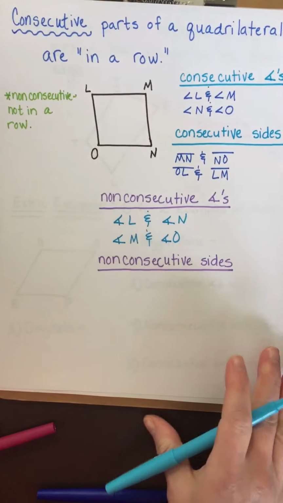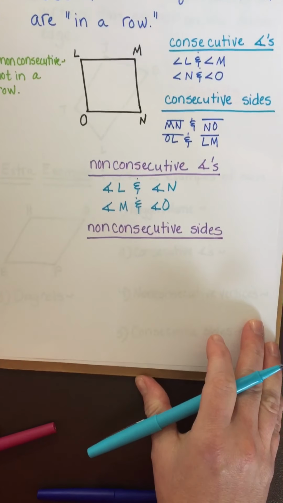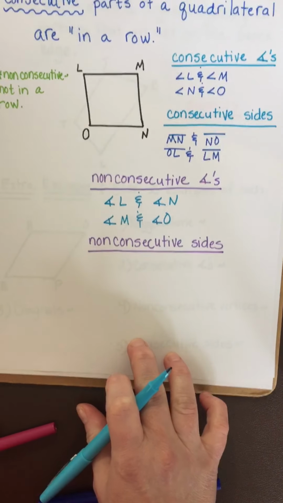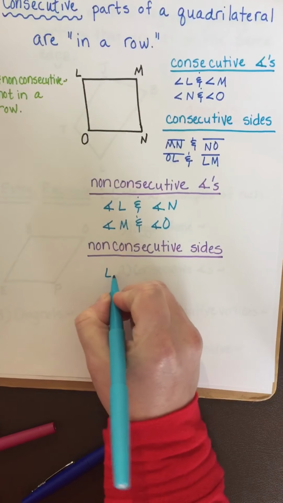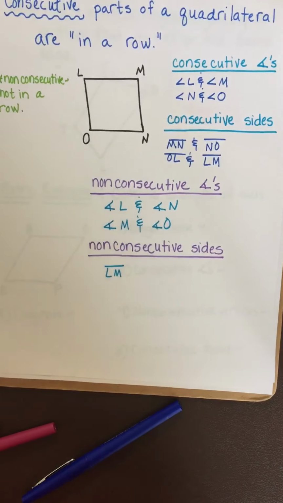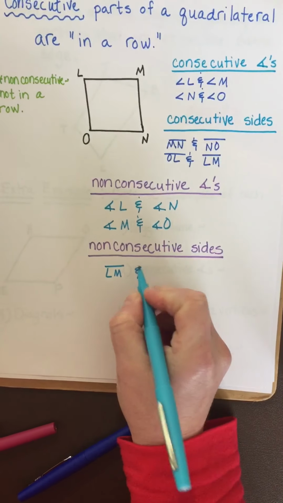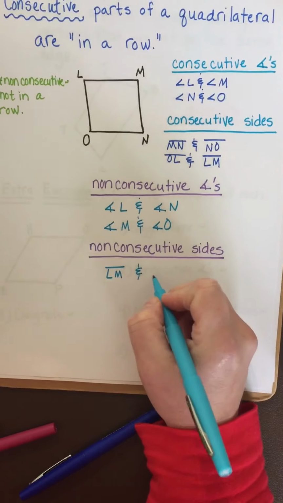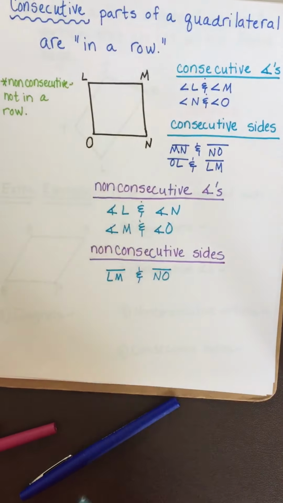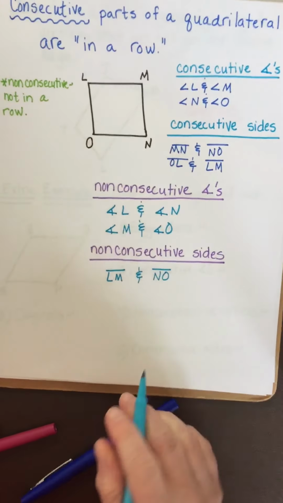Good job. All right, now let's talk about non-consecutive sides, or sides that aren't in a row. So let's start with LM. What is the only side that is non-consecutive to side LM? That would be NO or ON. Of course, the order of these letters does not matter.